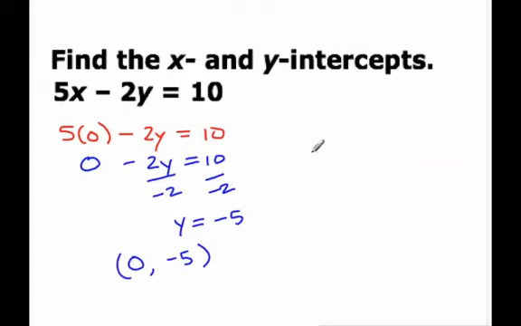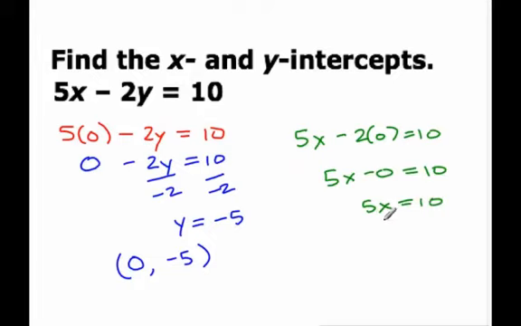We're going to do the same thing here to solve for x. 5x minus 2 times 0, and we're going to get 5x minus 0 equals 10. So 5x equals 10. We solve for x by dividing both sides by 5, and we get x equals 2. So our x-intercept is (2, 0), and our y-intercept is (0, negative 5).